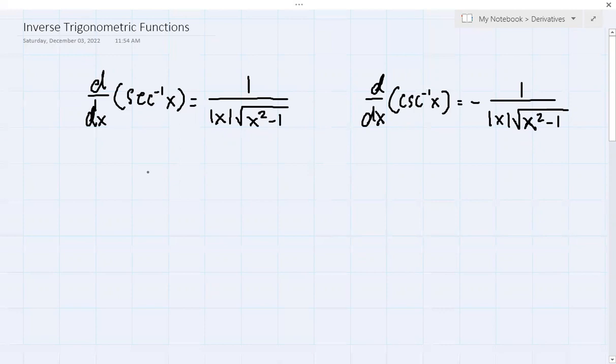Si tangent, positive, pero kay cotangent, negative naman. So dito, si secant, positive naman siya dito, pero si cosecant, negative naman siya. You see? So, that is why I just basically sum it up in a quick manner, kasi madali lang naman to, as long as you memorize the formula though, okay?